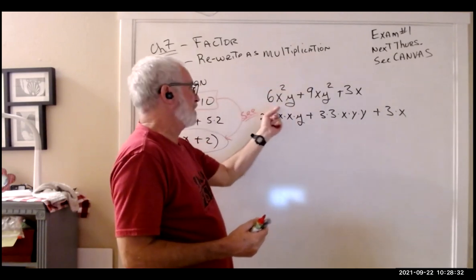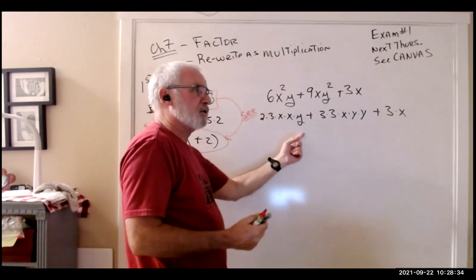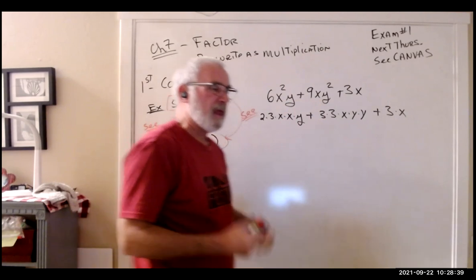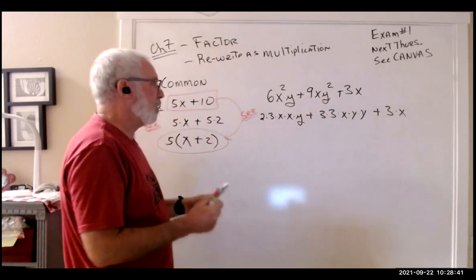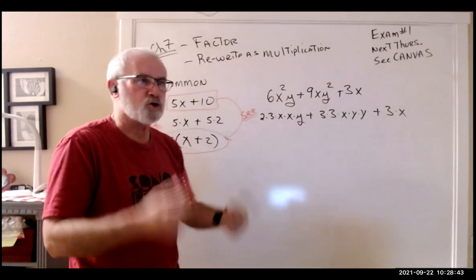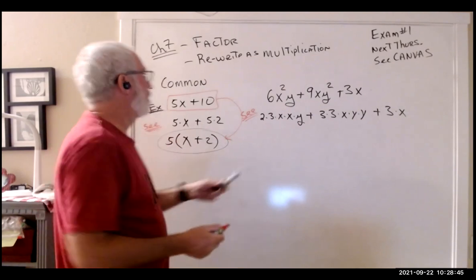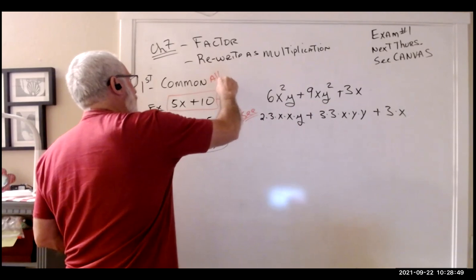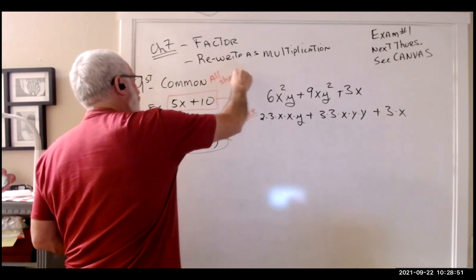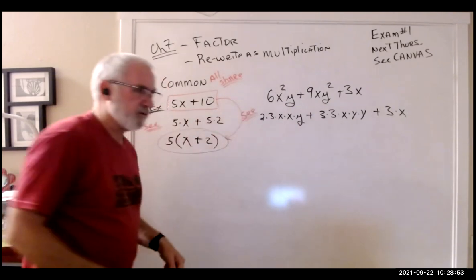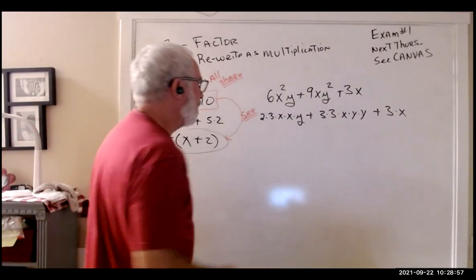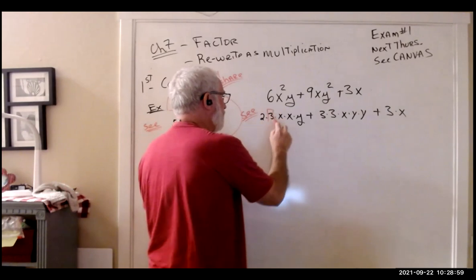What makes 6x squared y? All of this mess. What makes 9xy squared? All of this mess. And then you start going through and going, okay, what do they all share? What does common mean? All share. All of them share. Not some of them, all of them. Well, they all have at least a 3.